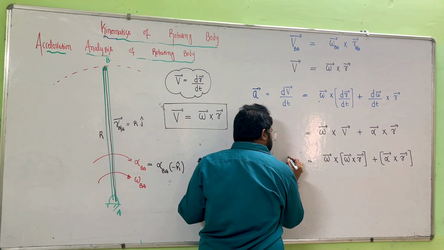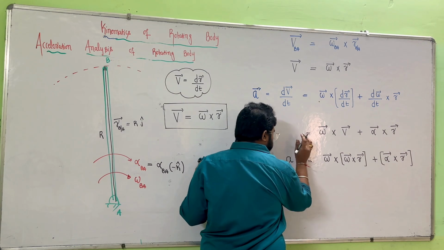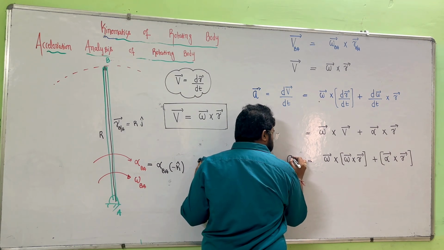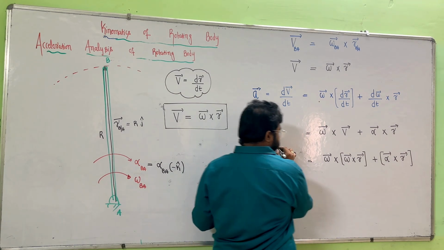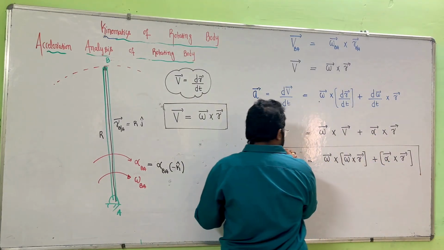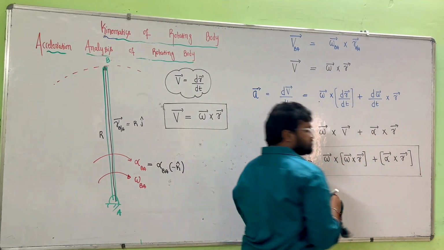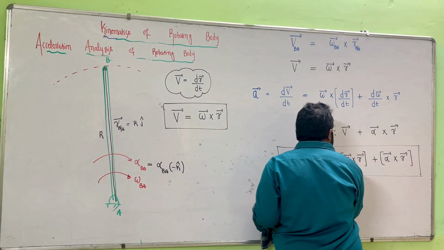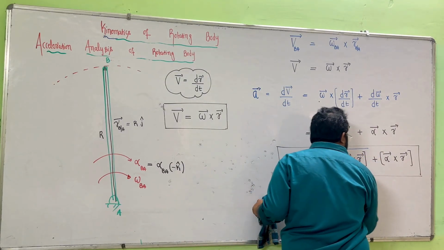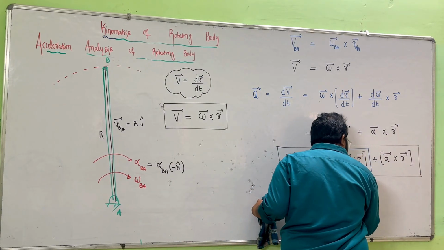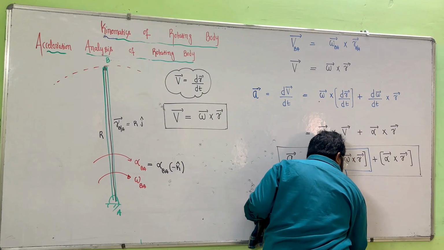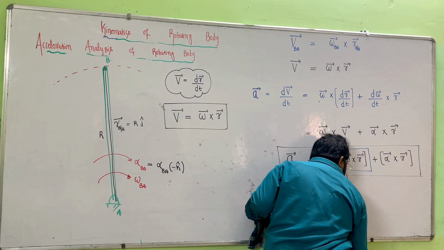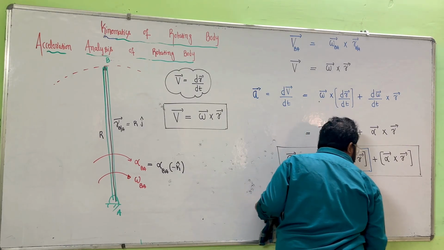That is the net acceleration, the A bar. You can confidently say that the first term is related to radial acceleration bar.